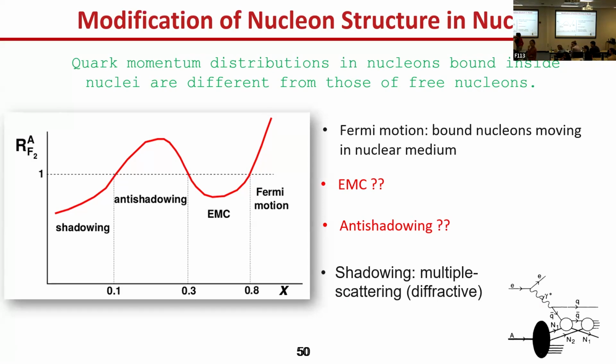You are not an expert. So this is the ratio between the structure function of the nucleon in a nucleus and the free one. This ratio is less than 1.